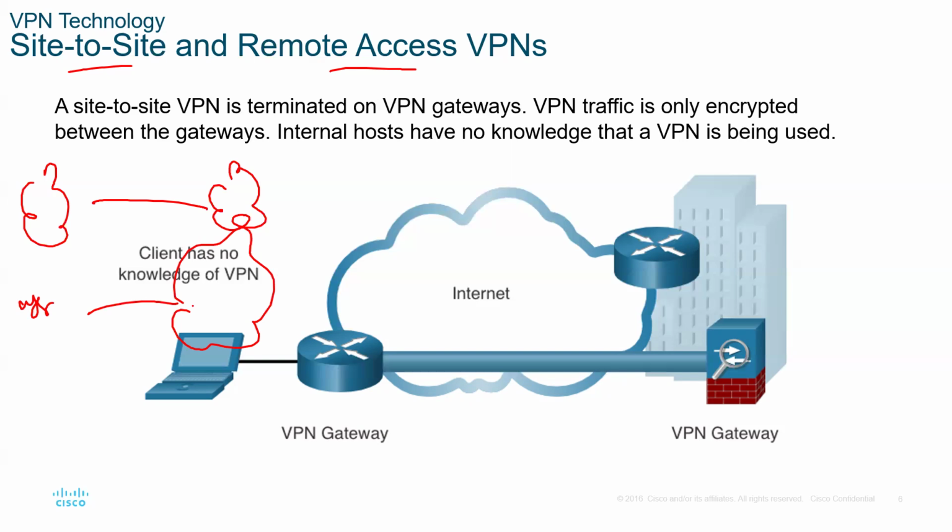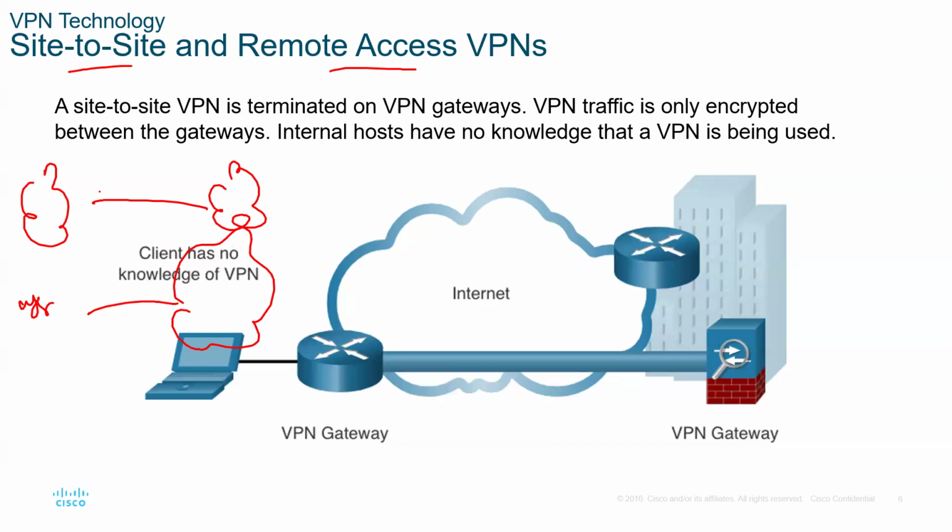Let's highlight a few differences between site-to-site and remote access VPNs. Site-to-site VPNs make use of what we call gateway-to-gateway connections, where we have routers or firewalls on each end.